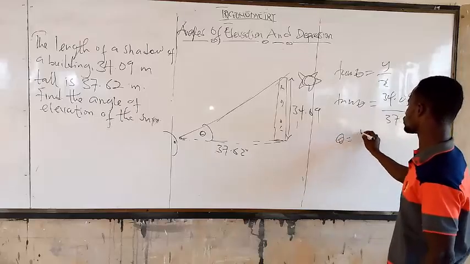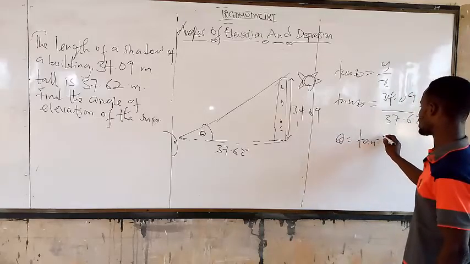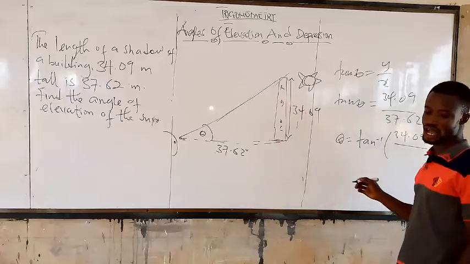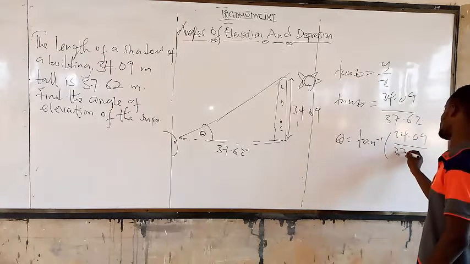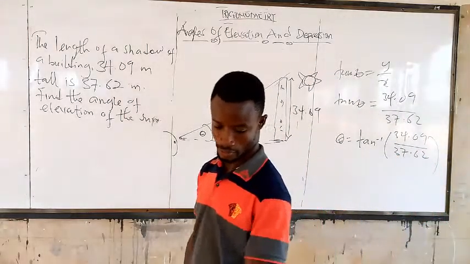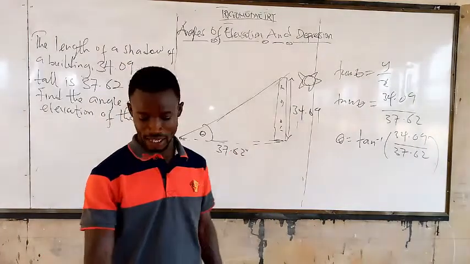So theta is going to be tan inverse of 34.09 over 37.62. So take your calculator and punch it and give me the final answer.